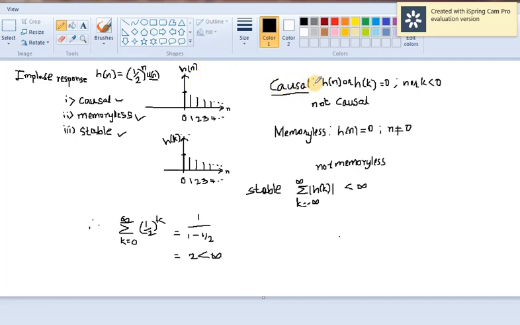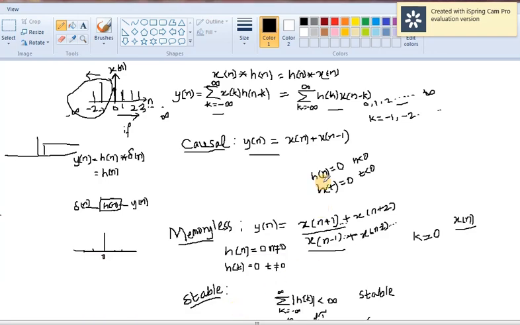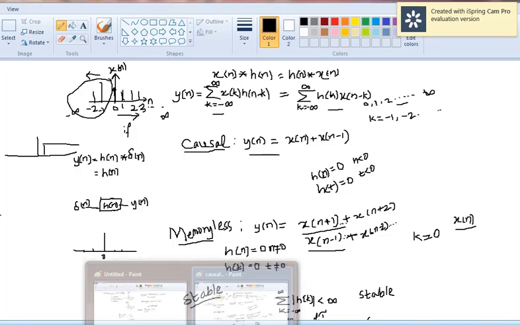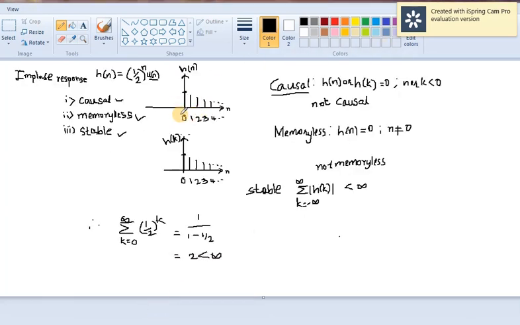For a system to be causal, the condition, as we saw, is h of n is equal to 0 for n less than 0. I mean, the signal should not be there on the left side; it should be there on the right side. From there, it's clear that our signal h of n is there only on the right-hand side and not on the left-hand side.